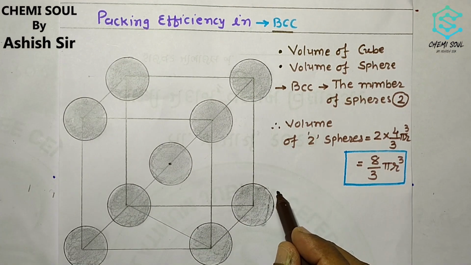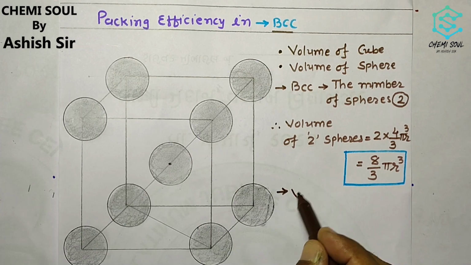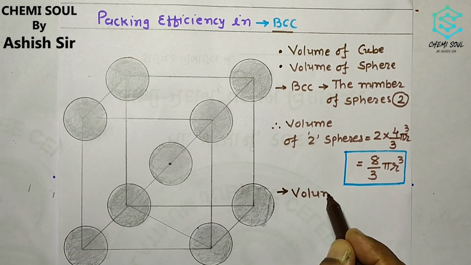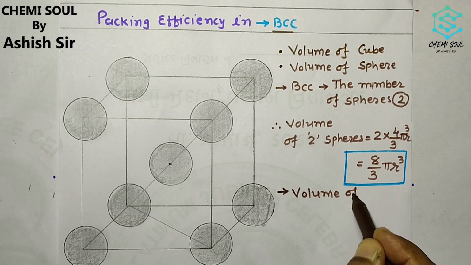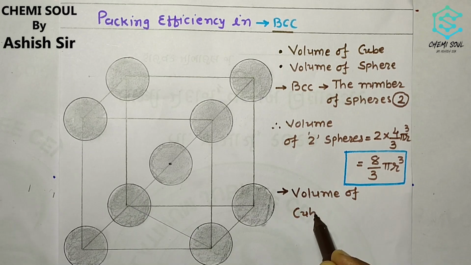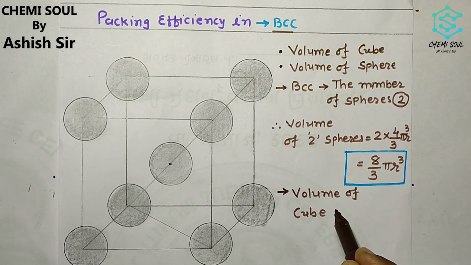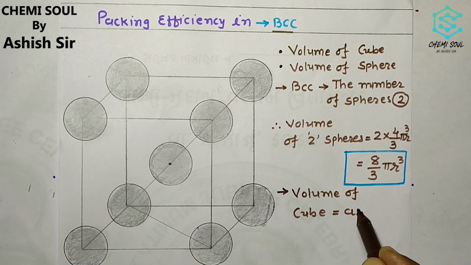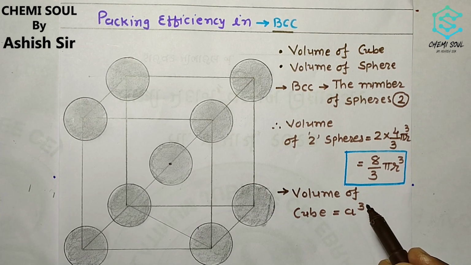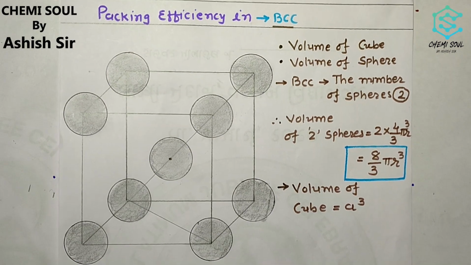Our second point is how to find out the volume of the cube. The volume of the cube is equal to a cube, so first of all, we should know the value of a. How can we calculate the value of a? For that, we have to mark the points in our figure.